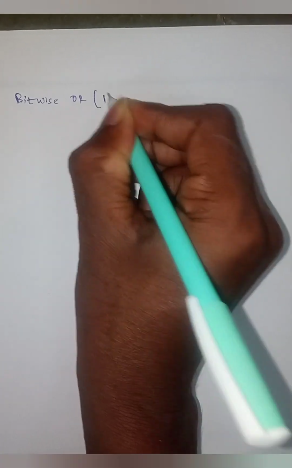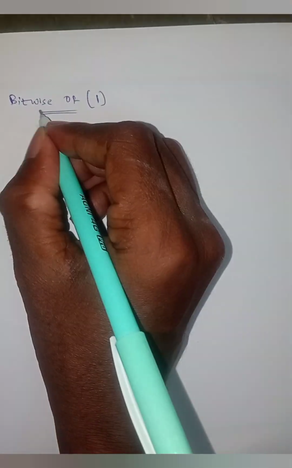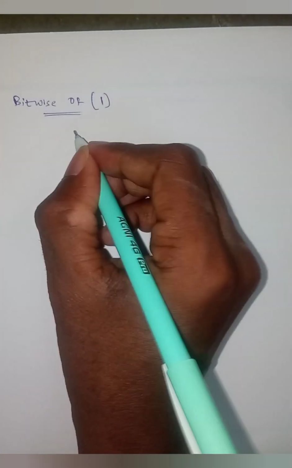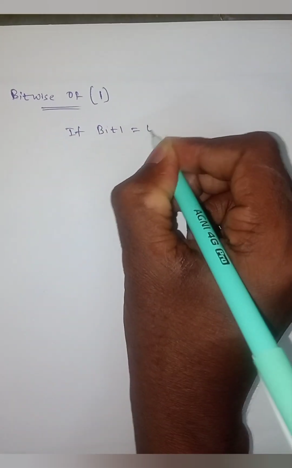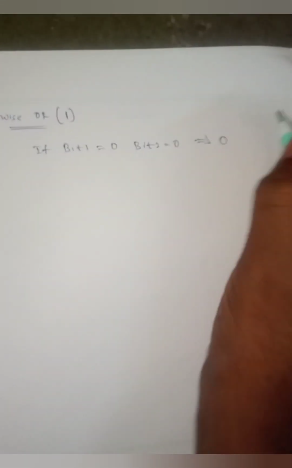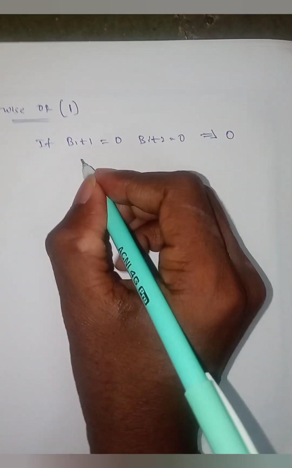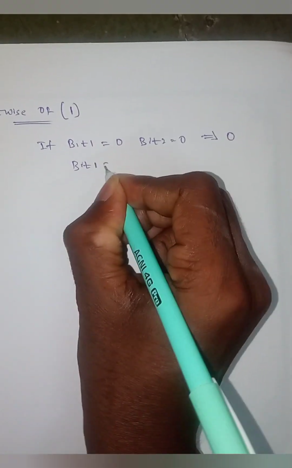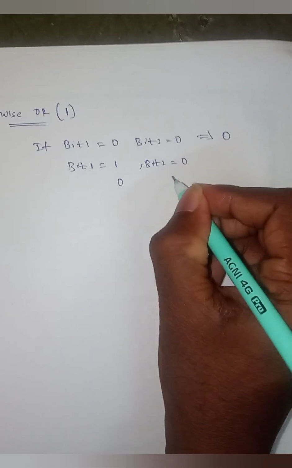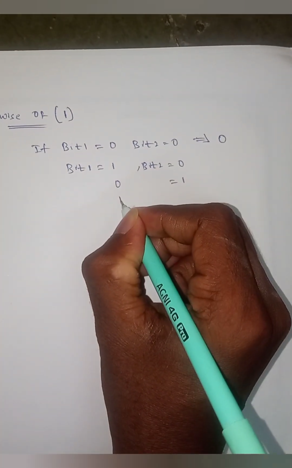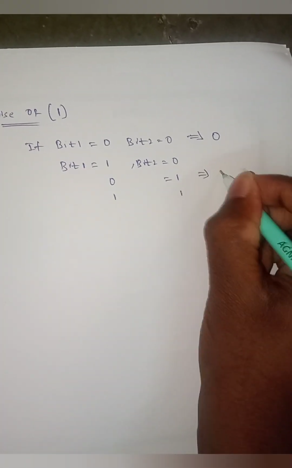Similarly, if we consider bitwise OR, which is represented with a single pipe, in the bitwise OR operator, if bit 1 is 0 and bit 2 is 0, then the output would be 0, and in all other cases the output is 1. That is, if bit 1 is 1 and bit 2 is 0, or if bit 1 is 0 and bit 2 is 1, or if both the bits are 1, then the output would be 1.